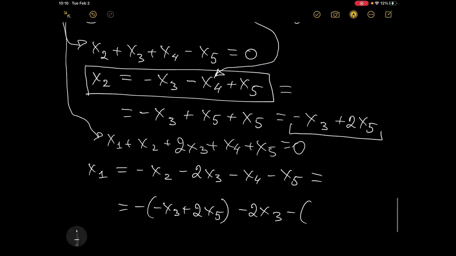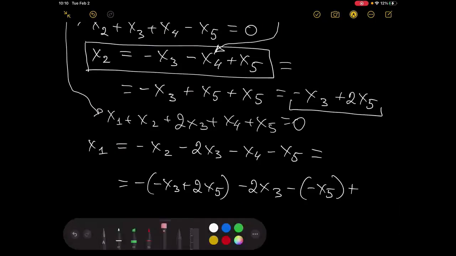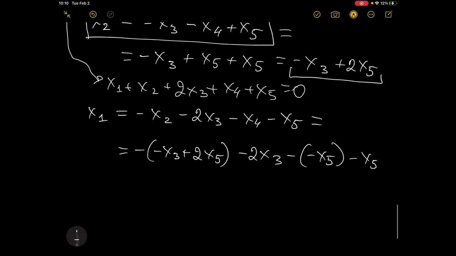Instead of x4, negative x5, right? Just like that. That's it. So I again expressed my leading variable through free variables.